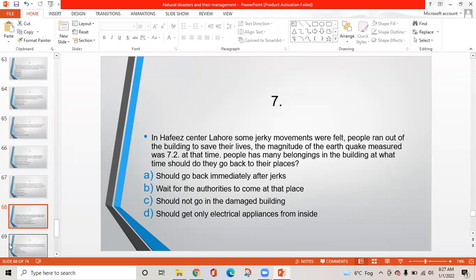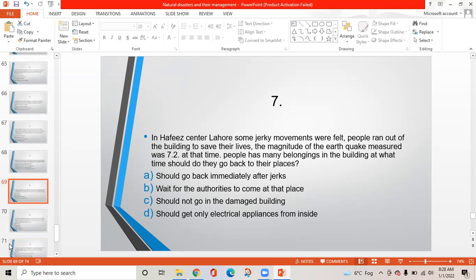Option C, should not go in the damaged buildings. And option D is should get only electric appliances from inside. Option B is the right one. They should wait for the authorities to order them to move.